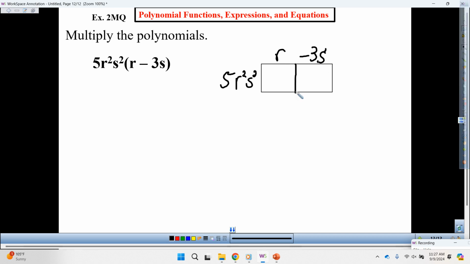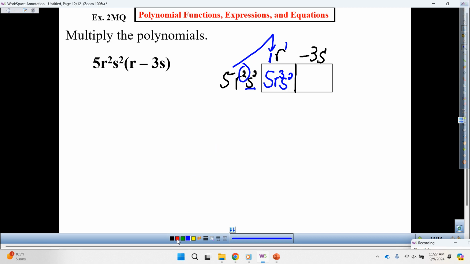So I divide this into two areas. That times that. So there's an invisible 1, so that's 5. R to the second times R to the first is what? R to the third. S to the second, there's no S, so I just bring it over.